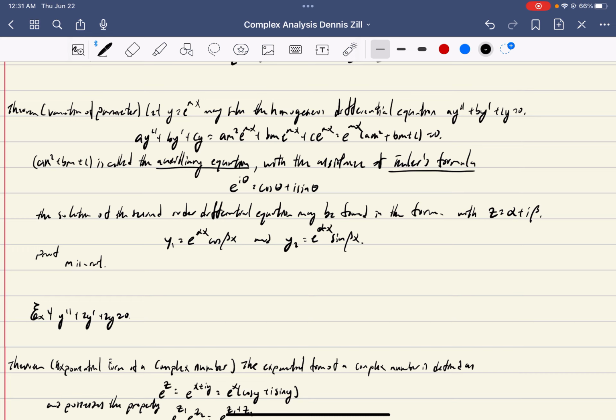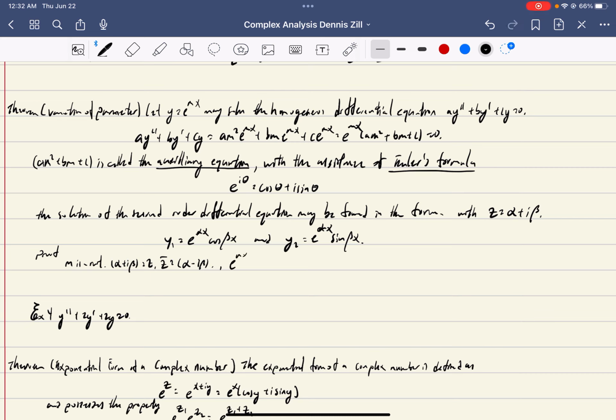So you may write the root as z, and the other root is just the conjugate of z, which is equal to alpha minus i beta. So now you use the Euler substitution. Well, actually, not the Euler formula, not yet.